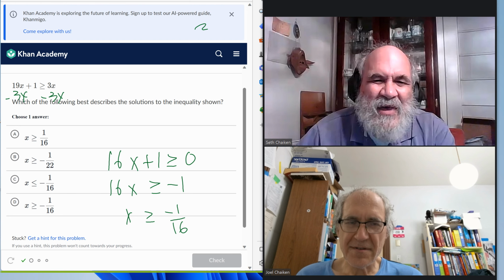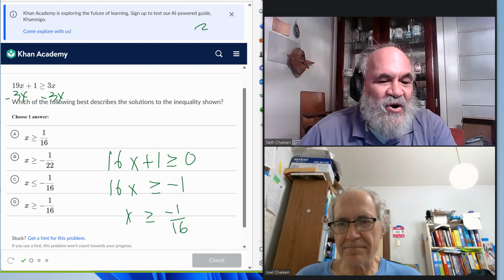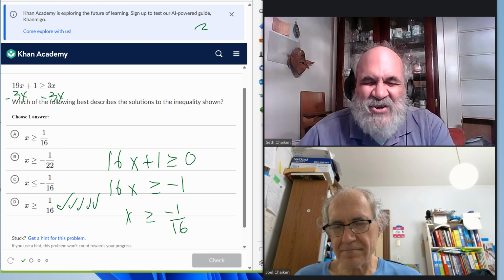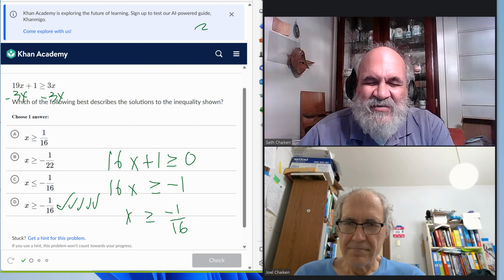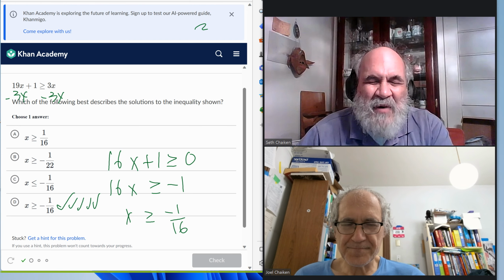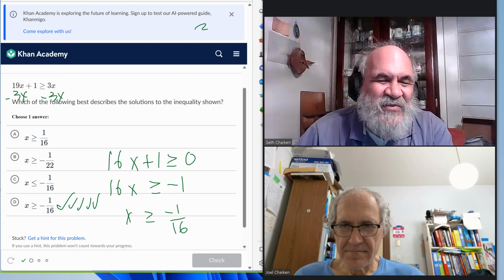And we don't want the coefficient to be a negative number, because then you have to switch the direction of the inequality, a spot for a mistake. That's right. So what Joel did was subtract 3x from both sides.